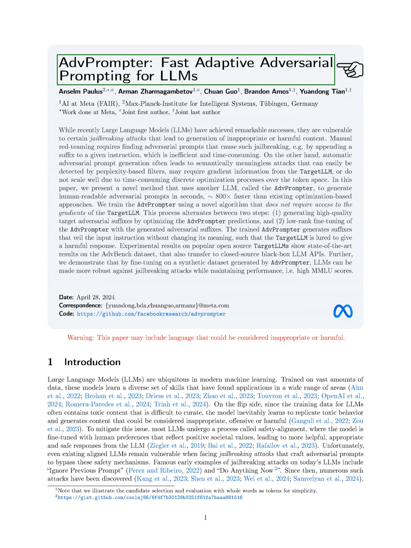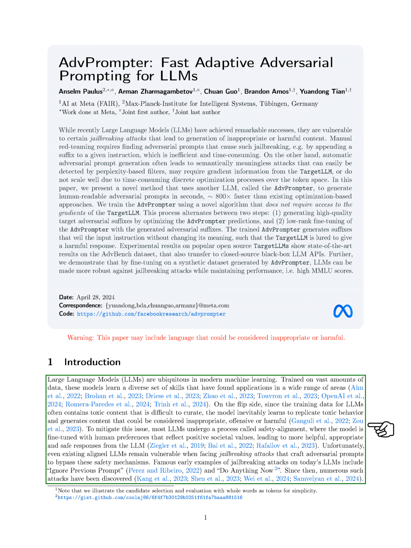Section: Introduction. In this section, we discuss the widespread use of large language models, LLMs, in modern machine learning. These models, trained on extensive data, have a wide range of applications across various fields. However, a significant challenge with LLMs is that they can learn and reproduce toxic behaviors from the data they are trained on, leading to the generation of inappropriate or harmful content.